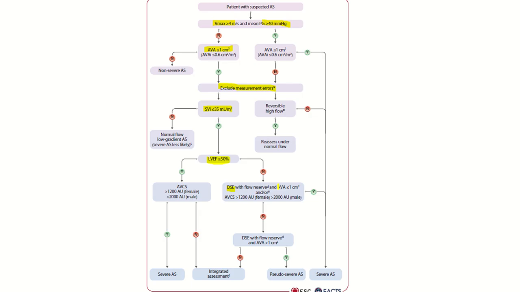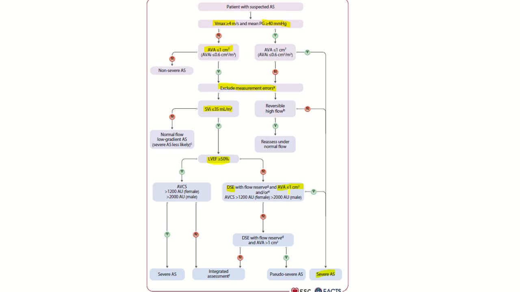And then we are going to evaluate the aortic valve area. Achieving a good flow reserve, meaning increasing the ejection fraction, with a remaining low aortic valve area, mandates that this patient has severe aortic stenosis, and his low gradient can be increased with improving the ejection fraction.